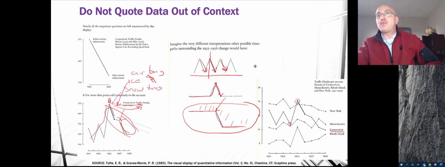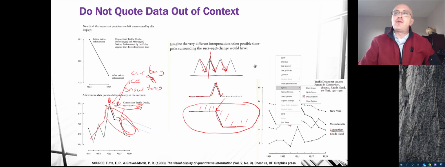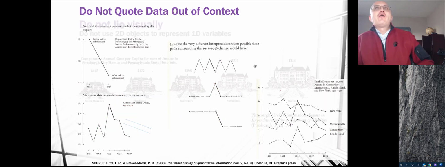We probably ought to do something to reduce them. Okay, so you have to be very careful that you provide the entire context in your visualization. If you don't, then you're not an accountant, you're a politician. And who wants to be one of those?